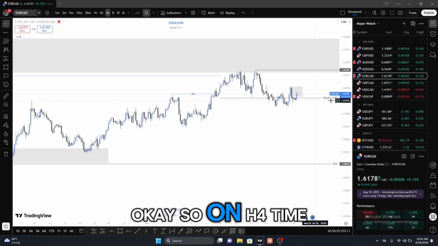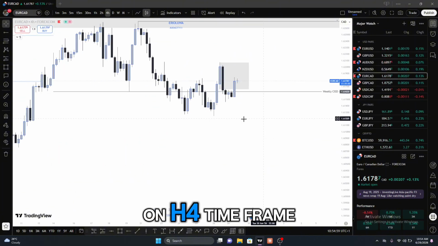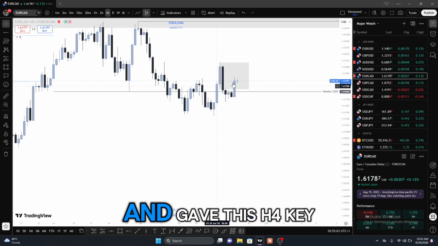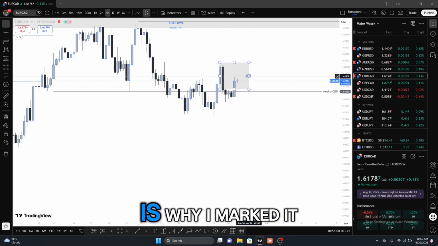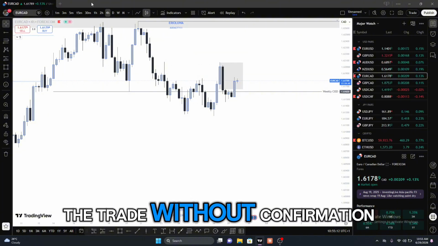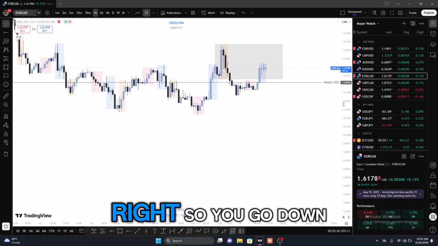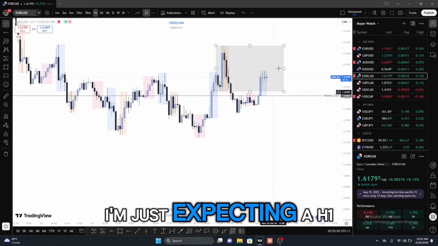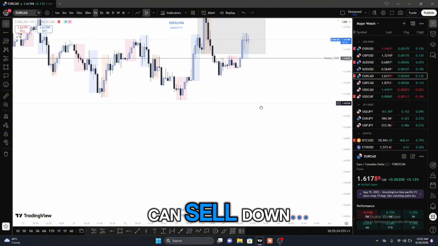Okay, so on 4 hours time frame, price tapped into that weekly key level and gave this 4 hour sell, which is why I marked it out. But also, we're not going to take the trade without confirmation, right? So you go down to 1 hour, and on 1 hour, I'm just expecting a 1 hour CISD formation in this level, then I can sell down.